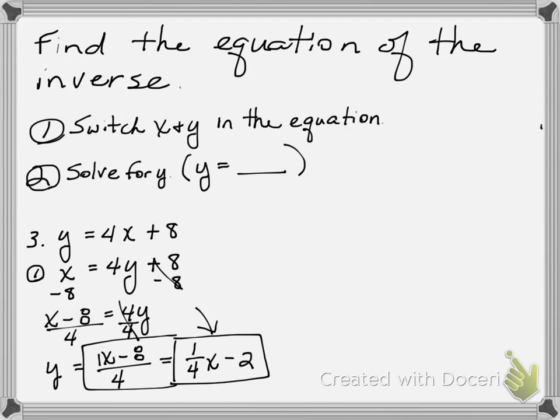All right, let's look at a second example. This would be example 4 on your note-taking worksheet: f of x equals 7 minus 5x. In this case, f of x is functional notation. Remember, that's the same as y.